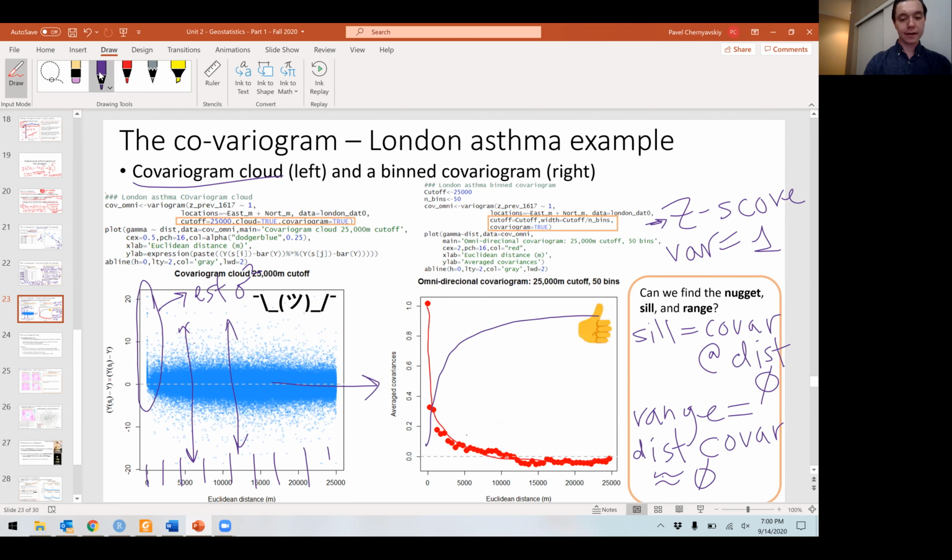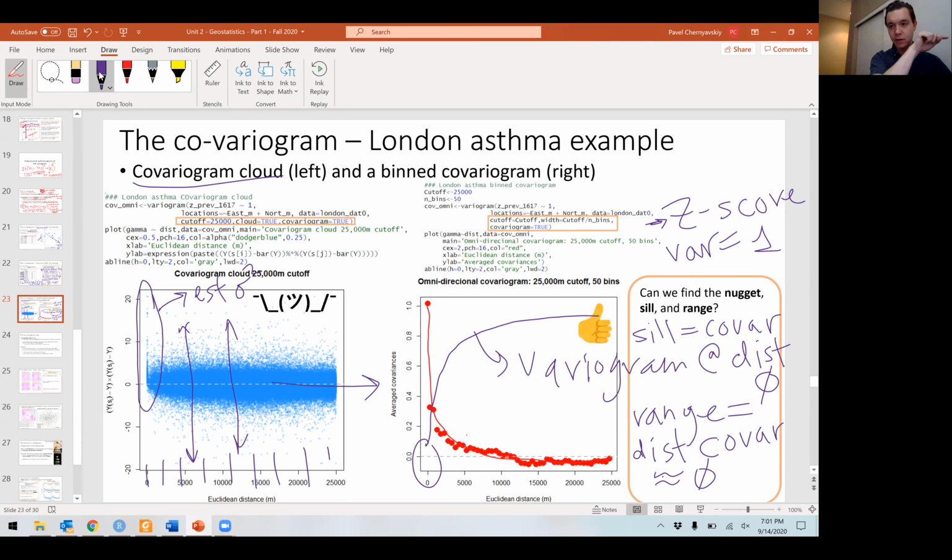Remember that in a variogram, we don't observe a distance of 0. R doesn't compute that for us. So the nugget effect is as distance approaches 0, right? The red line is the covariogram. The purple line is the variogram. The covariogram starts high and gets low as distance increases. The variogram starts low and gets high as distance increases.